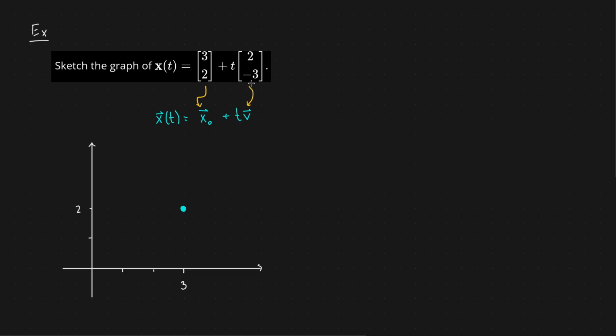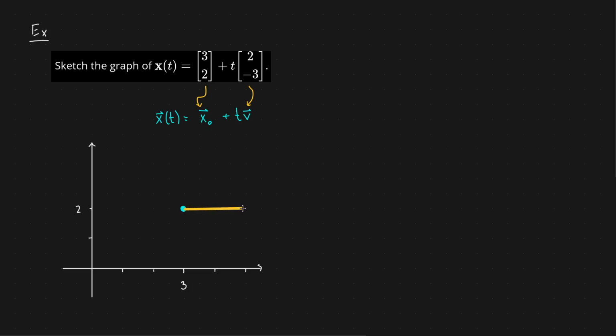We also know that this is a direction vector. And so from this point on the line, if I move in the direction of the direction vector, I should be pointing in the direction of the line. So the direction vector is 2, -3.